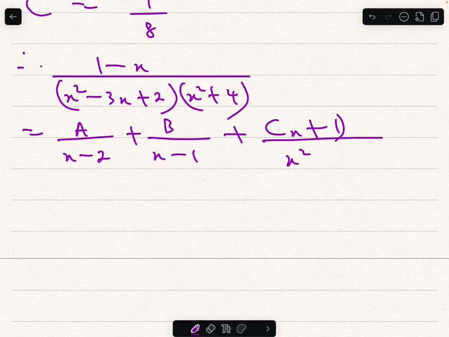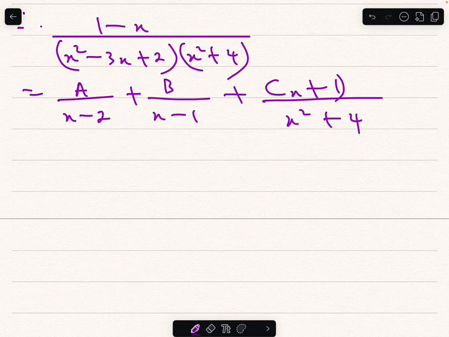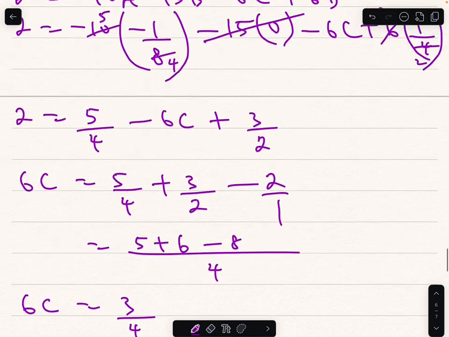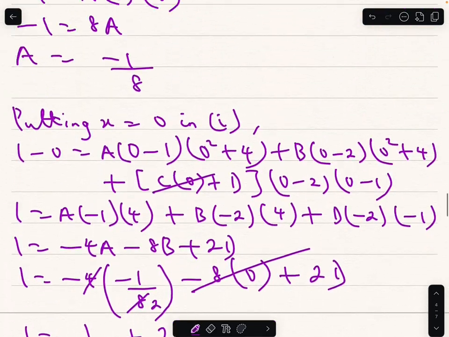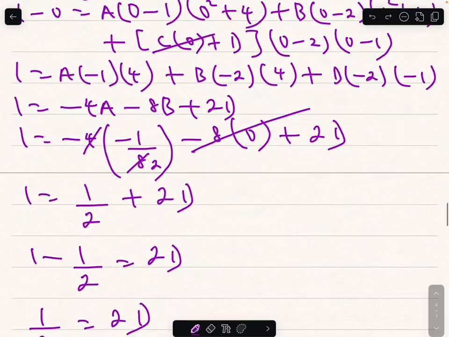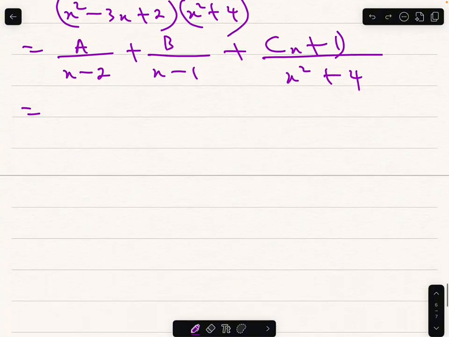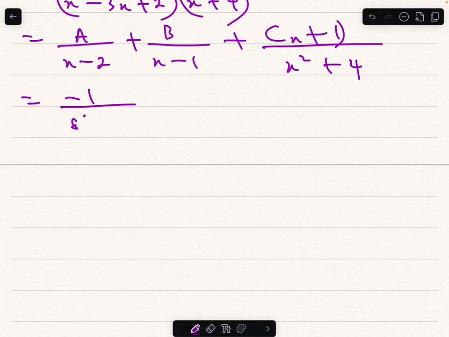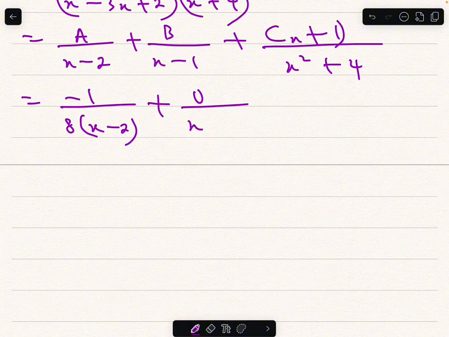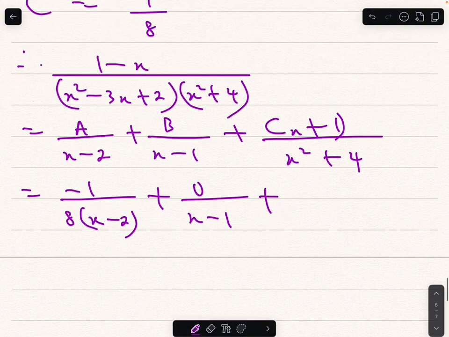I'm writing it so that we see what we resolved it into, which is therefore equal to a. What is a? A is minus 1 over 8. So that becomes minus 1 over 8 into bracket x minus 2, plus b, which is 0 over x minus 1. B is 0, so that's 0 over x minus 1, plus cx plus d.